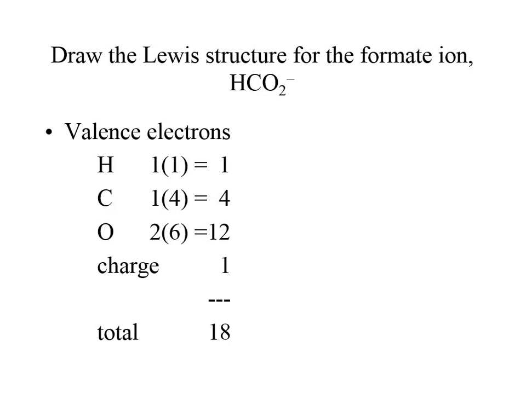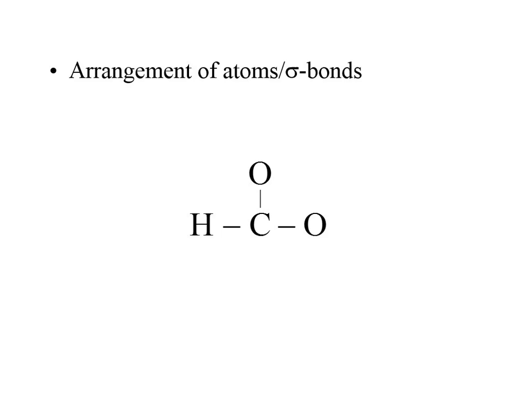Let's find carbon and oxygen on the periodic table. Conveniently, they're in the same period. We want the lower electronegative atom in the middle. Electronegativity increases from left to right, so carbon is the lower one. So we're going to put carbon in the middle and branch those other 3 atoms off. That's what we call our preliminary Lewis structure. So this is our prelim Lewis structure.